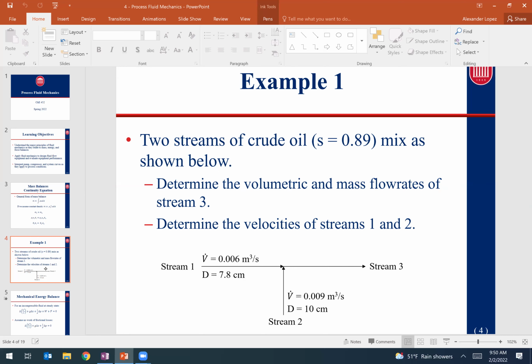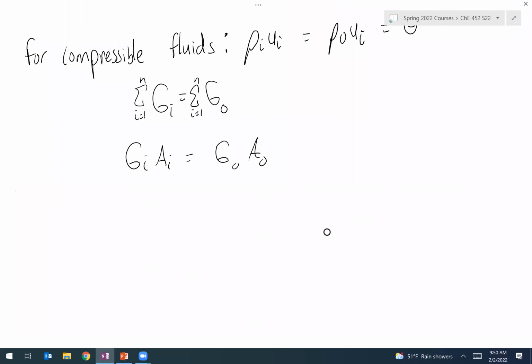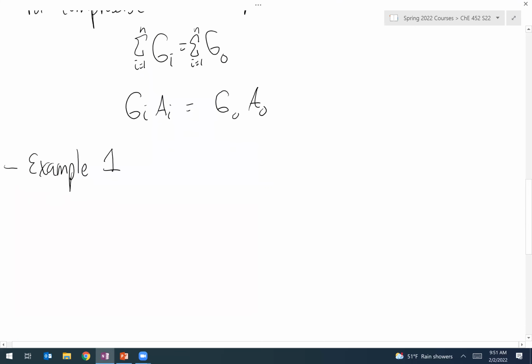Okay, let's see how well everybody did. So for this example, what was the flow rate here? 0.006 cubic meters per second.